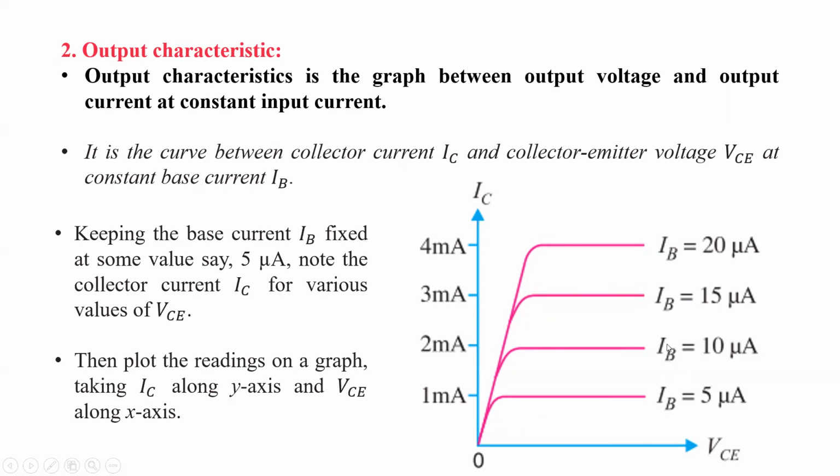If the base current is taken to be more, then IC also becomes more, or the saturated value of IC becomes more. But you can note that IB is of the order of microamperes and IC is of the order of milliamperes.